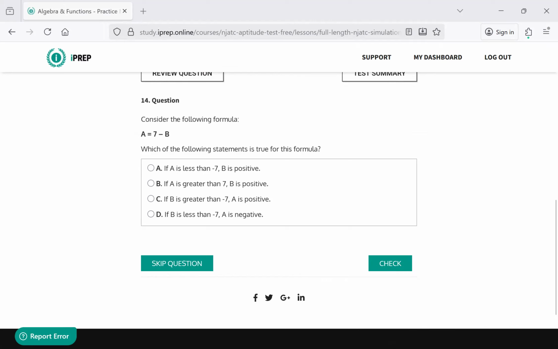What would I do? Maybe I would isolate the variables. So we have one variable isolated, right? It's a equals 7 minus b. What about if we isolate b? What would that be?